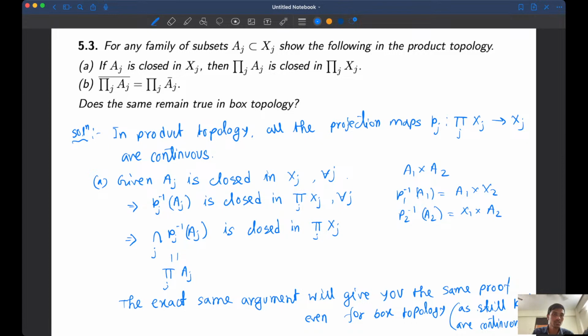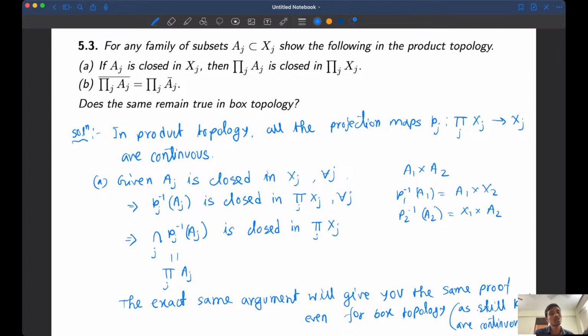So what happens in this case? If I calculate the closure of the product, is it equal to the product of the closures? One direction almost exactly follows from this argument, right? Because the closure of a set, aj bar, is always closed in any topology. So if you consider the product of closed sets, by the previous part it is closed in both topologies.